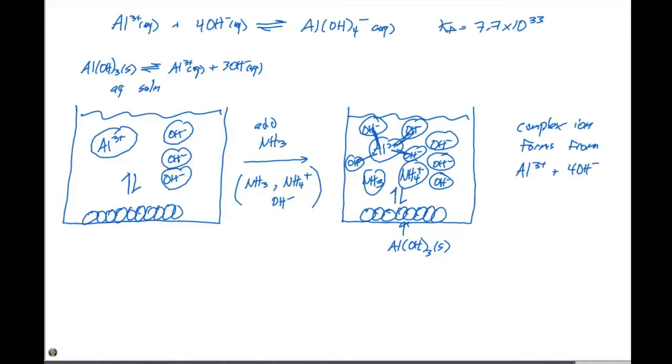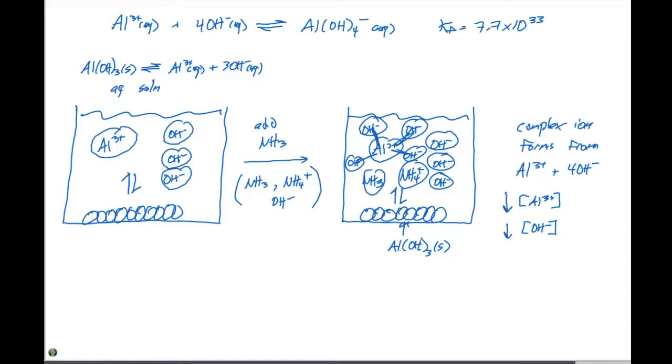So think about, as we're going through all these steps, how this is going to influence the solubility. Because by forming this complex ion, we are dropping the concentration of the aluminum 3 plus, and we are also dropping the concentration of the OH minus.